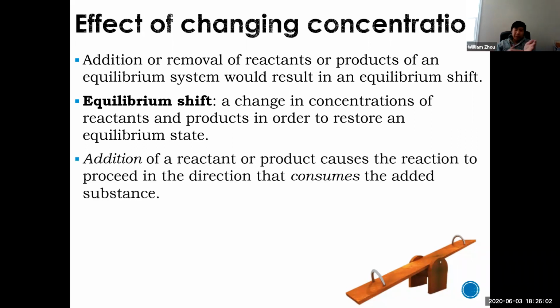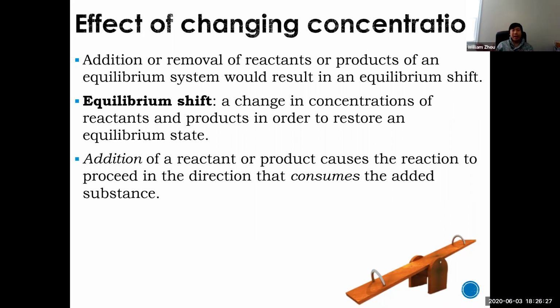How? Well, here's how. The addition of a reactant or product will cause the reaction to proceed in the direction that will consume this newly added substance. Does that make sense? If I add more reactant, then I'm adding like fuel to the fire of that reaction. If you add more reactant, you're increasing the concentration.